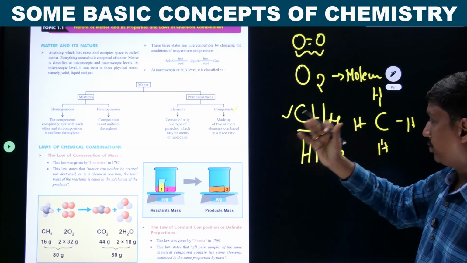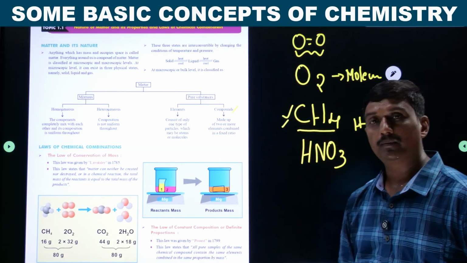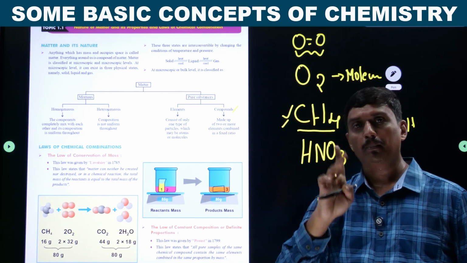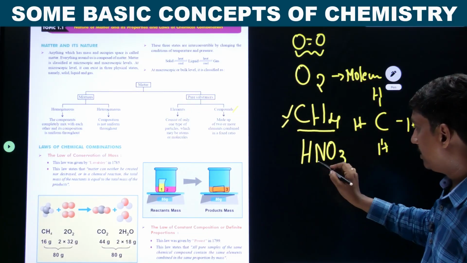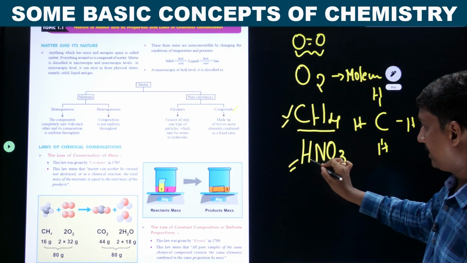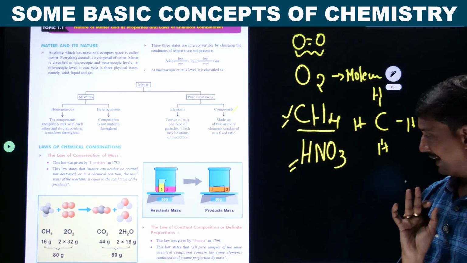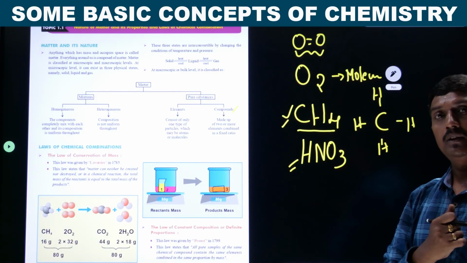So if I ask you a question, how many types of elements are present here? What is the answer? Two elements. Which are those? Carbon and hydrogen. Come to the next one. Look into this example. I have written HNO3. Don't think about the name. It's nitric acid. So, how many elements can you see?